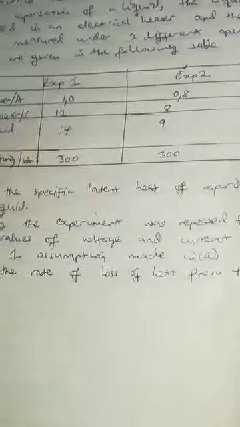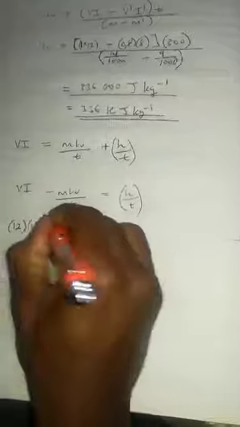Subtract, now. This is for the first experiment, right? The value of the voltage for the first experiment was 12. The value of current was 1 ampere. Subtract the mass. The mass for the first experiment was 14.